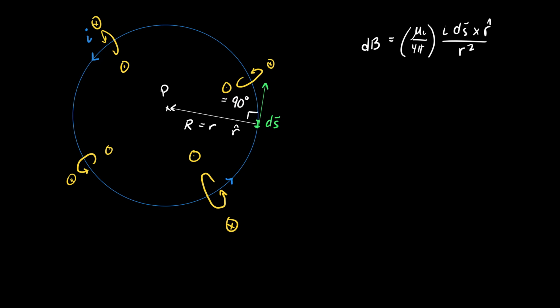Although this angle represents phi, I think we can describe ds in terms of an angle if we wish. We could write ds in terms of an arc length, where ds is equal to r d theta, where d theta is a small piece of angle.